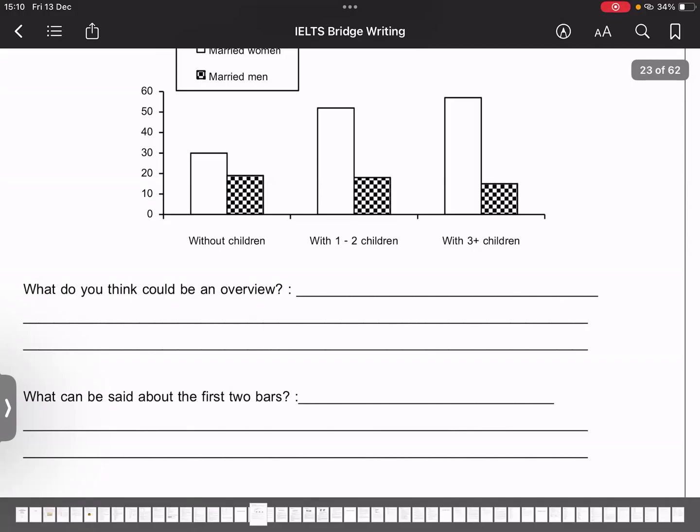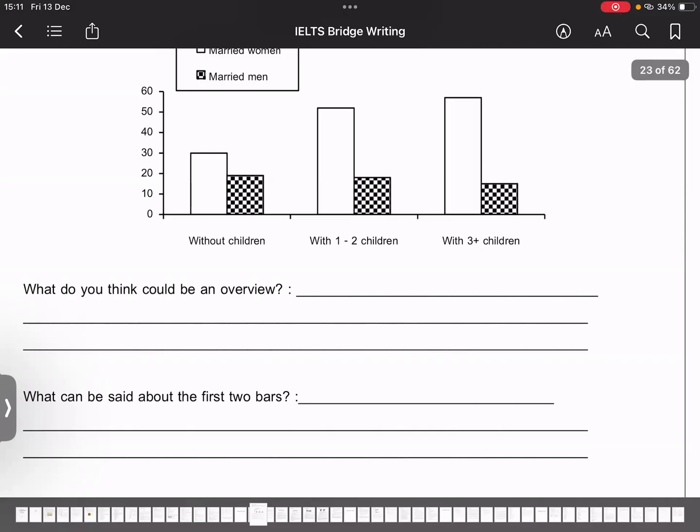If you focus on the change in the number of hours spent on housework by women, you notice that they are directly proportional to the number of children. Right?